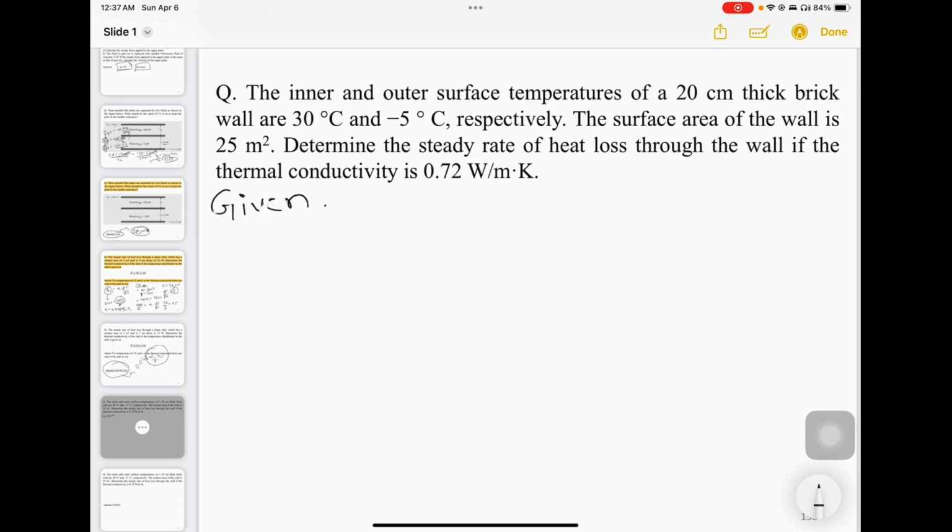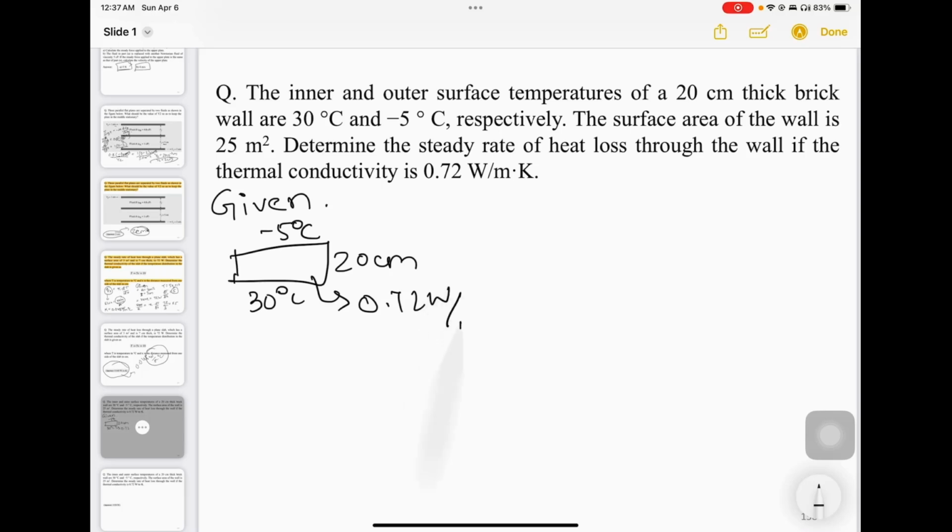Given is the temperature of inner and outer surface of 20 centimeter thick brick wall, 30 degrees Celsius and minus 5 degrees Celsius, and its thermal conductivity is 0.72 watt per meter Kelvin.